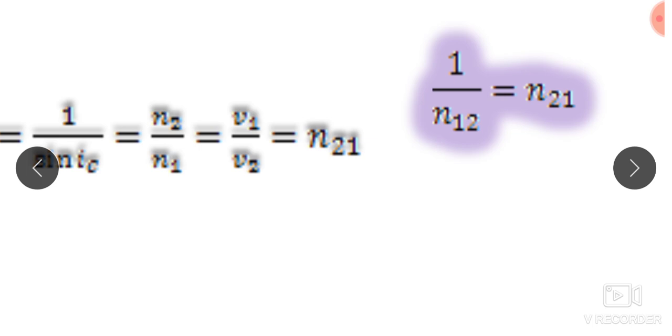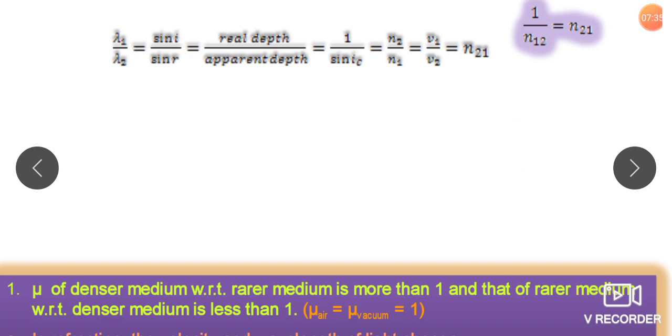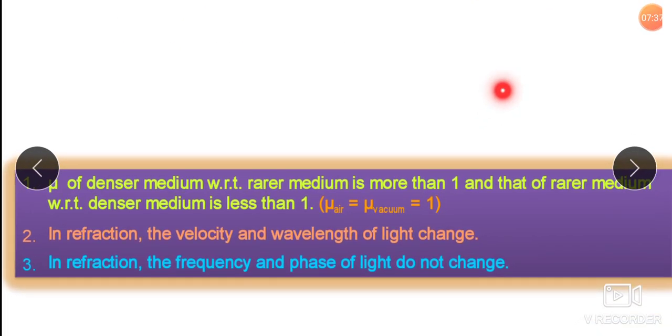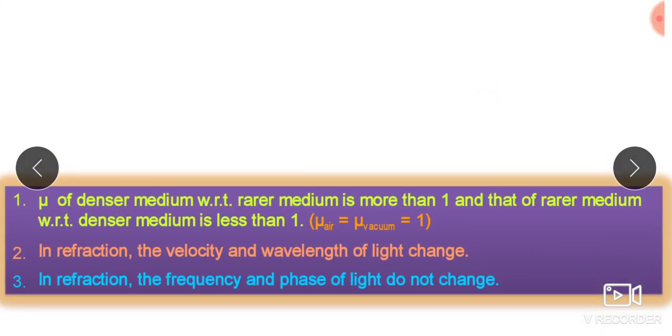Here see, the refractive index of a denser medium with respect to a rarer medium is more than 1, and that of a rarer medium with respect to a denser medium is always less than 1.